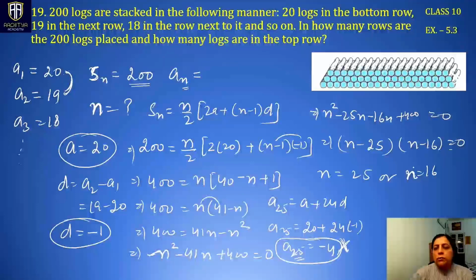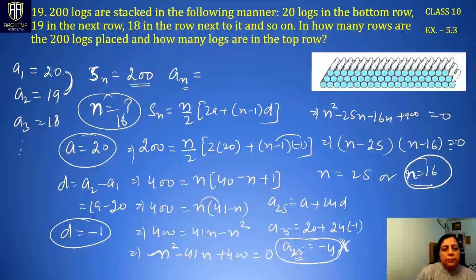So the number of rows is 16. N is 16 in this case. He is asking for n, the number of rows, so this comes out to be 16. 25 is ruled out because the number of logs is coming out negative if we take n as 25. So n is 16 is the answer.